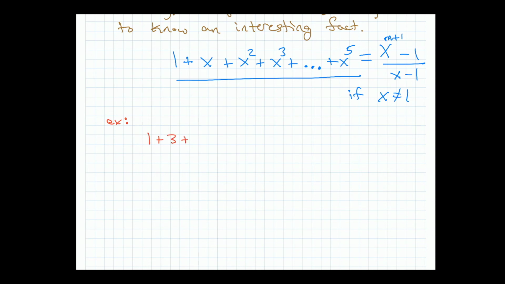1 plus 3 plus 9 plus 27 plus 81, right? If you add that up, I have to get a calculator, but that's 121, right?